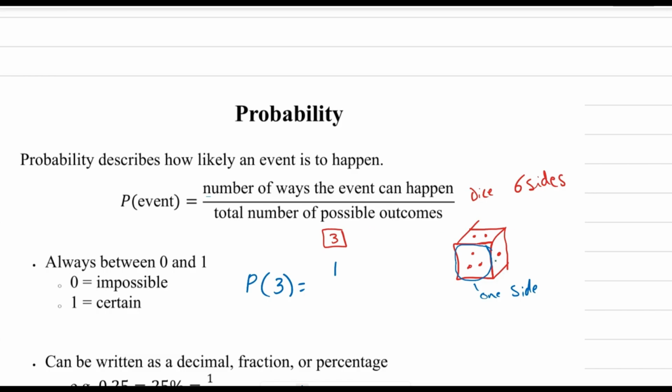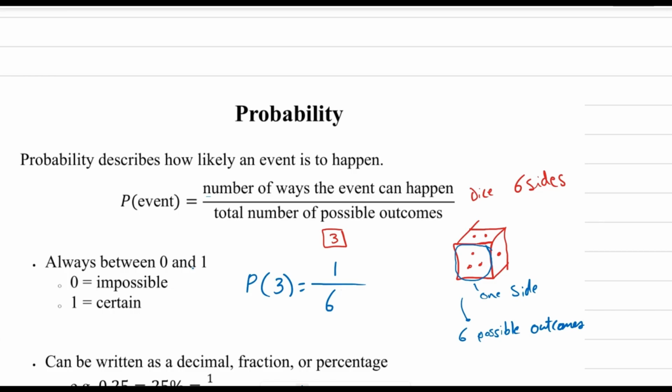If you throw the dice it might come up 1, 2, 3, 4, 5, 6. So it's 6 possible outcomes. So the probability of having 3 for this dice is 1 over 6. So that's how to get the probability of any event.